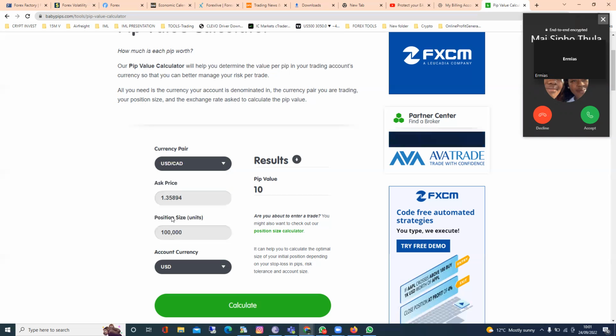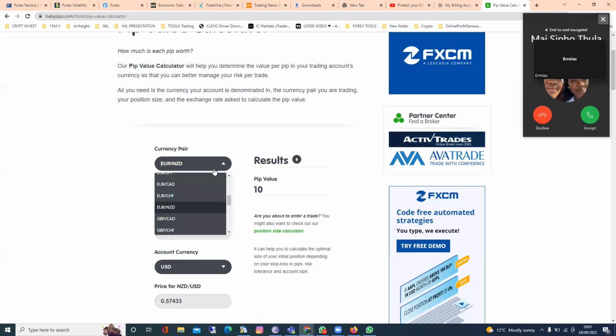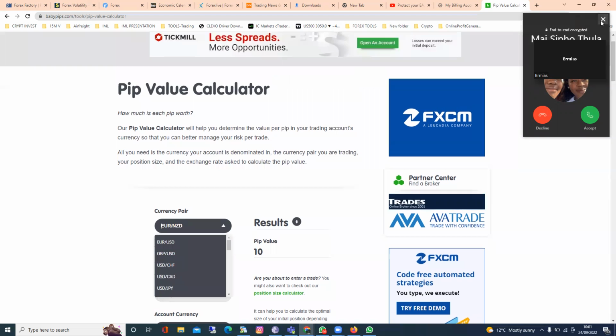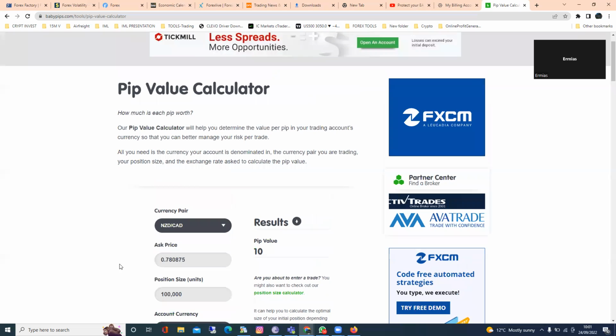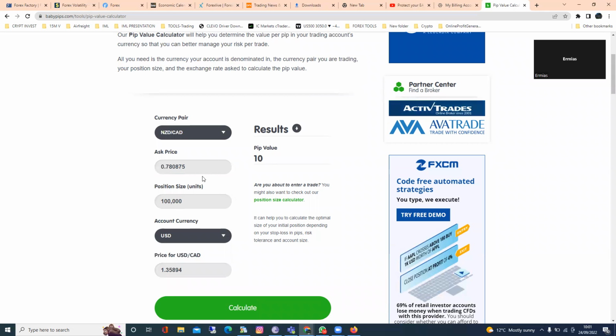Let's say dollar CAD is still 10 because that's a dollar pair. If we go to things like Euro New Zealand, pip value is still 10. There are some currencies like Aussie CAD or New Zealand CAD.